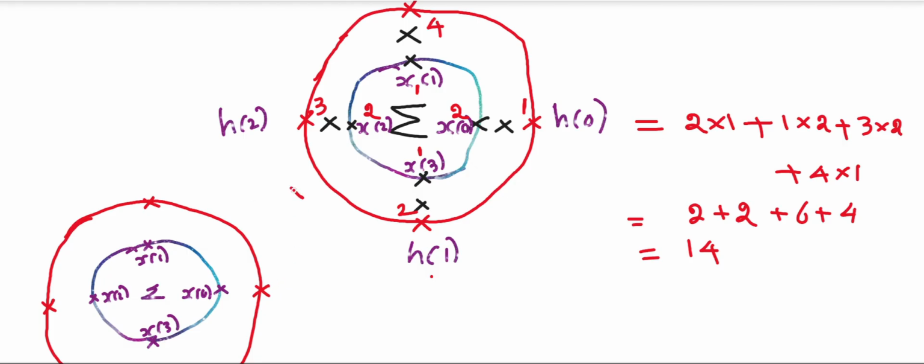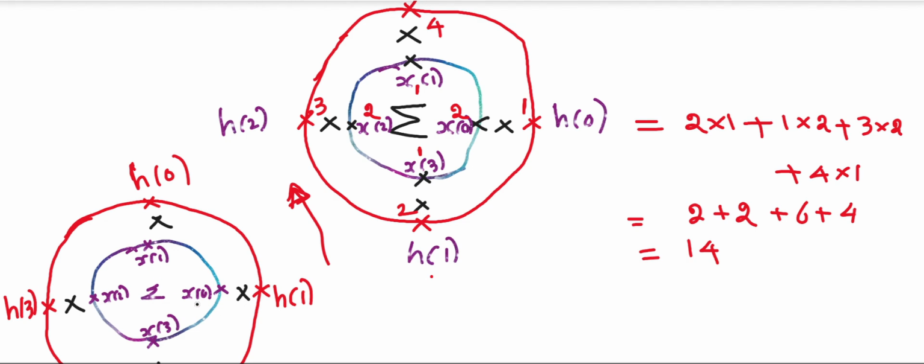Now you rotate one sample at a time. The position of h of 0 shifted to the next position, one sample at a time in an anti-clockwise direction. So now h of 0 is in this place, then h of 1, then h of 2, h of 3.